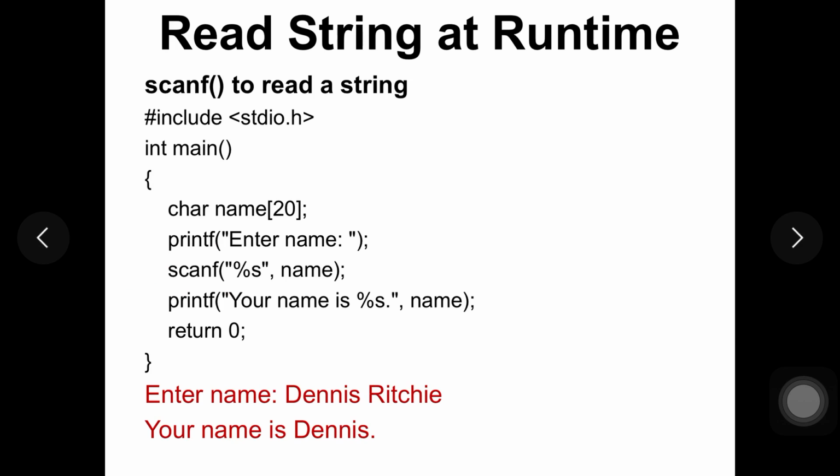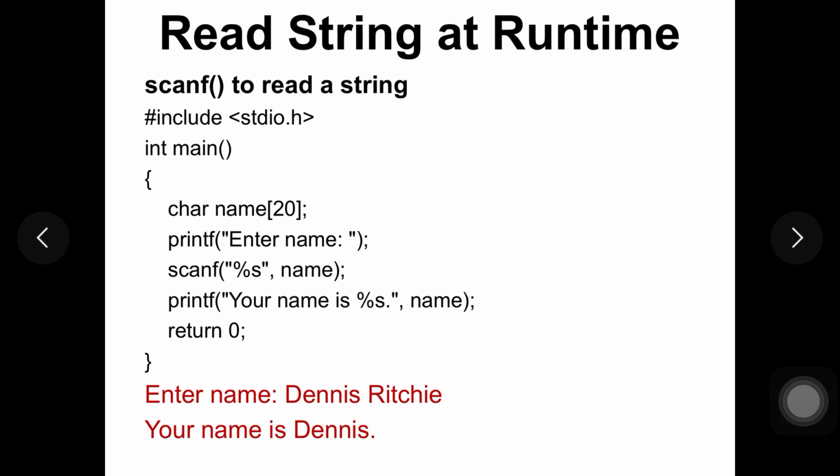You have read the name as Dennis, then you have a space after that, and after that you have entered Ritchie. Here scanf will place a null character whenever it encounters the space bar or the enter key from the keyboard. So whatever you enter after the space or after the new line character will not be considered as part of the character array here.